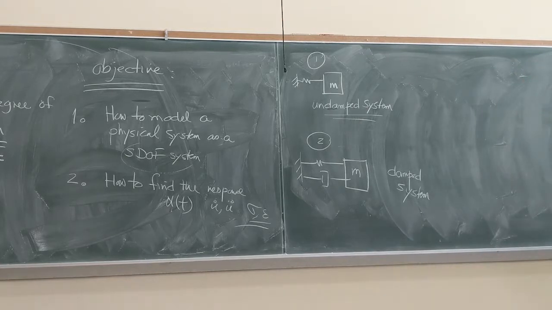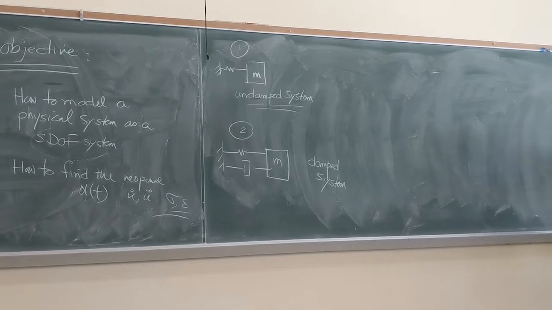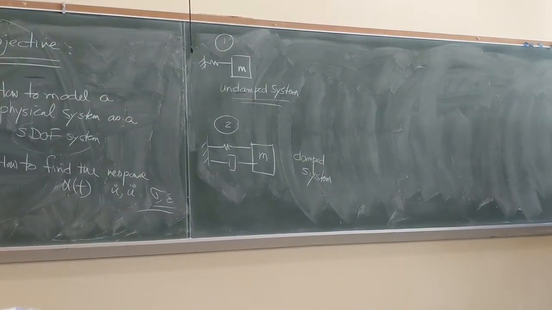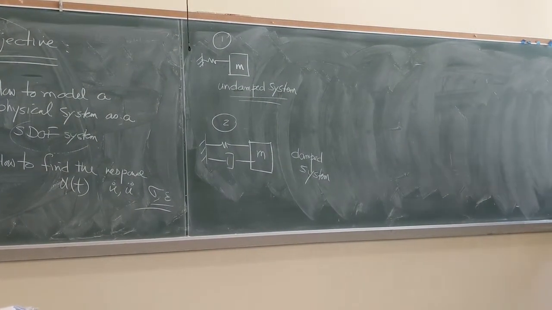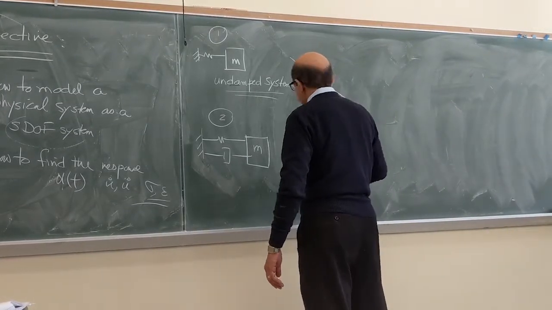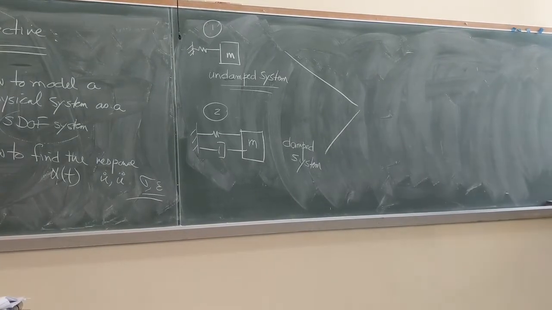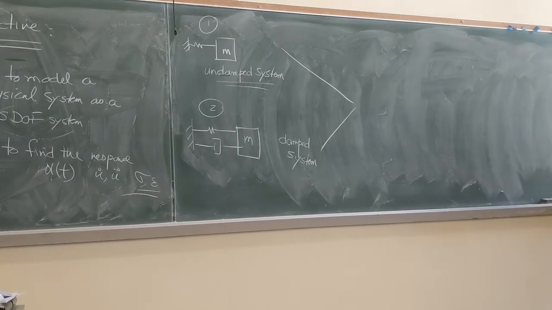So, as I said, the objective of the vibration is to look at this system and find the response of this system. In either case, the system can be moving without the force being constantly present on it.